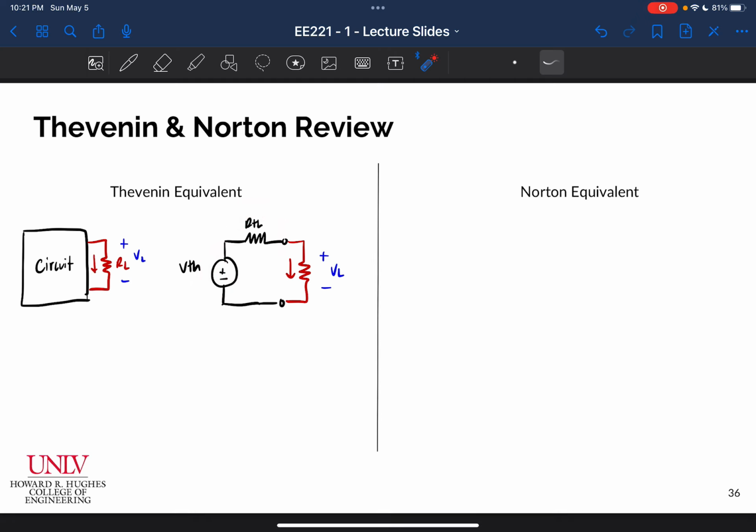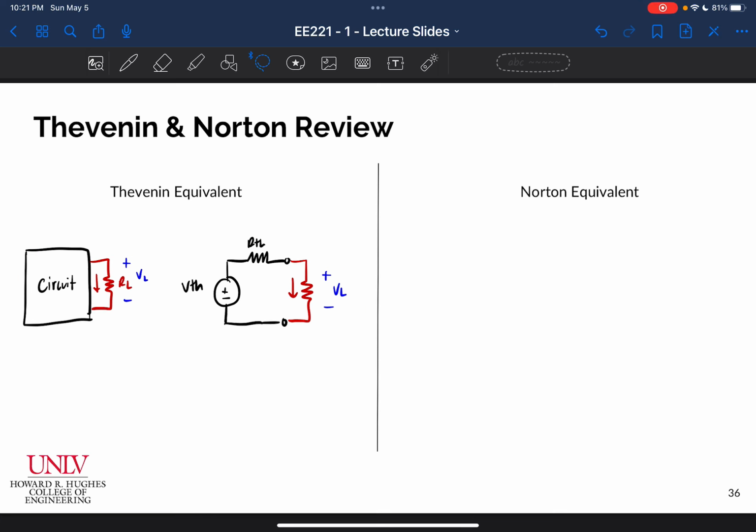Okay, that's what the Thevenin equivalent circuit tells us, and that's why it's useful. We haven't reviewed how to find it yet. I'll do that in the next slide.